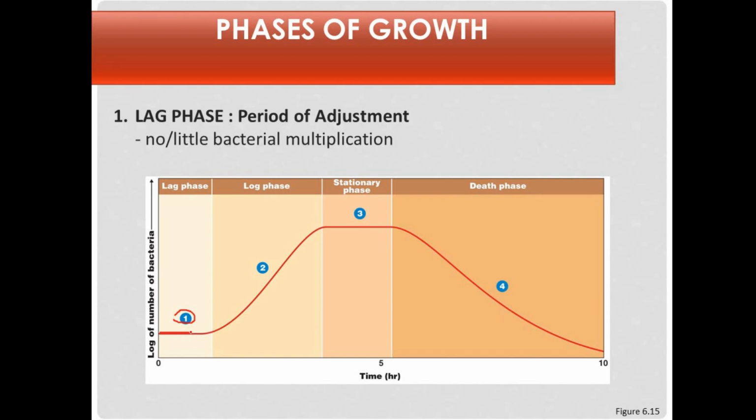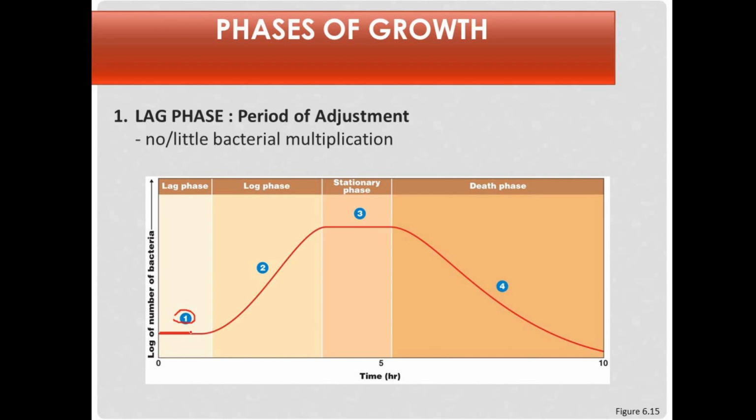Kumukuha pa siya ng kanyang food or nutrients sa culture media na ginamit. So there is no or little bacterial multiplication. Wala pang multiplication na nangyari dahil dito pa kumukuha ang ating mga microorganism ng kanilang mga food in preparation for multiplication.